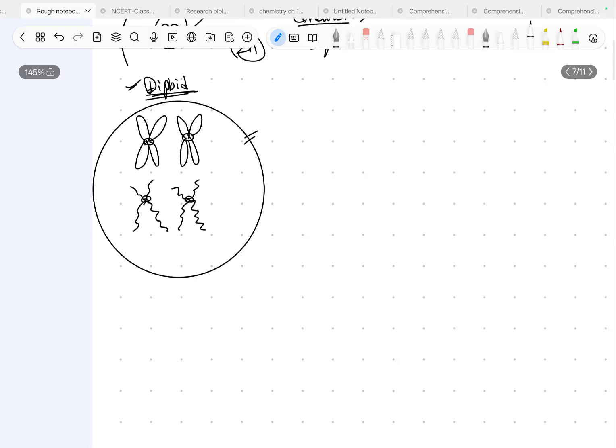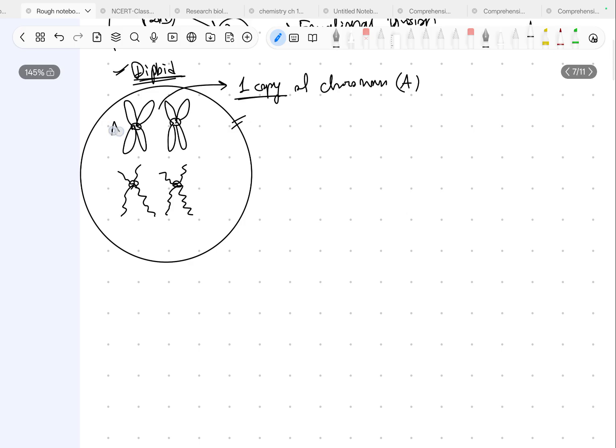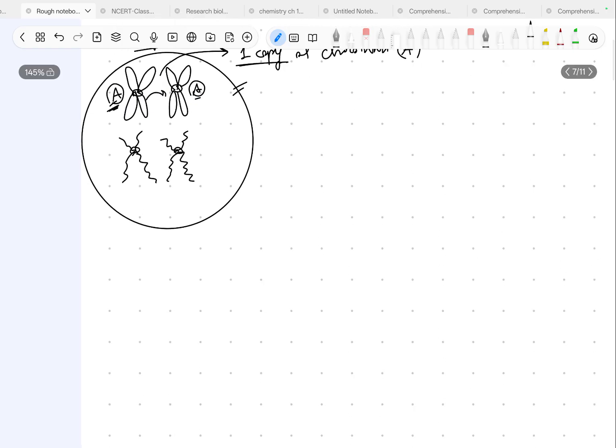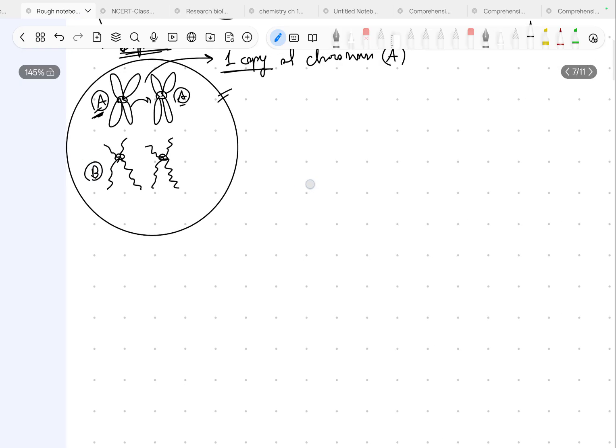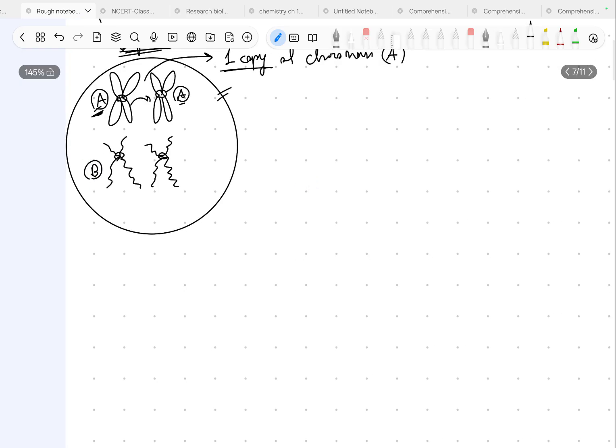You can find one copy of chromosome A, let's say. This is chromosome A, and the next chromosome will also be A, because one copy of chromosome A is this, and another copy of it is again A. If I state this chromosome as B, chromosome B has another pair.